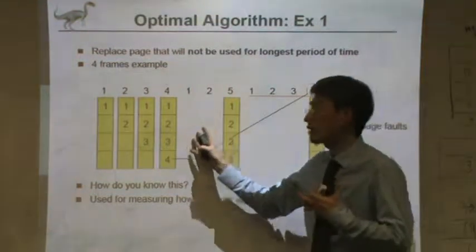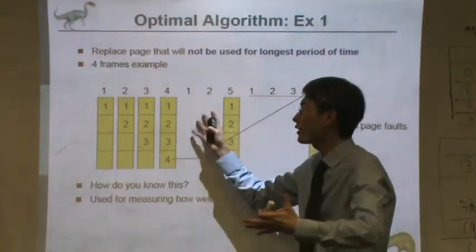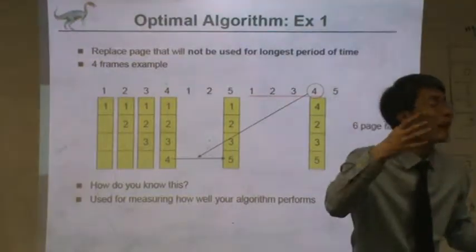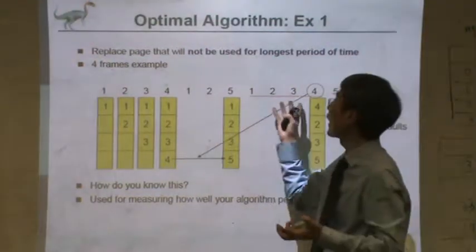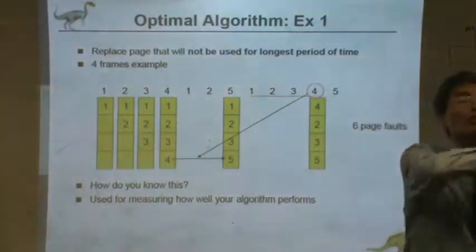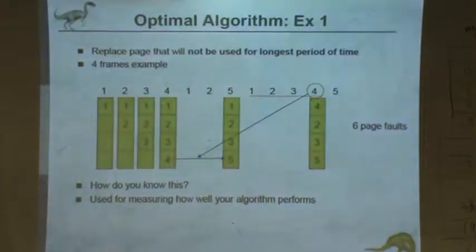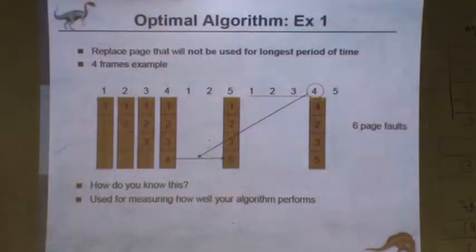If we replace a page that will be reused later, we need to page fault again. That is overhead. So we need to find the page which will not be used in the future. That's optimal. Problem? How can we see the future? That's the reason the optimal is used only as a reference.